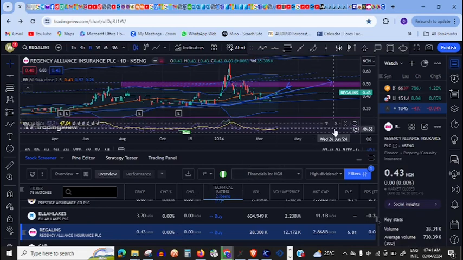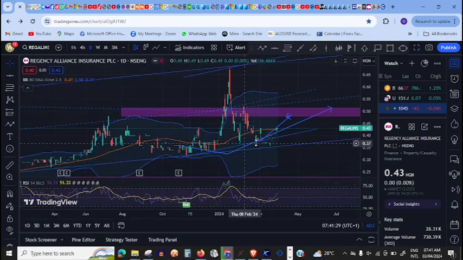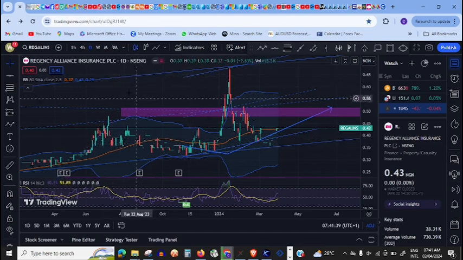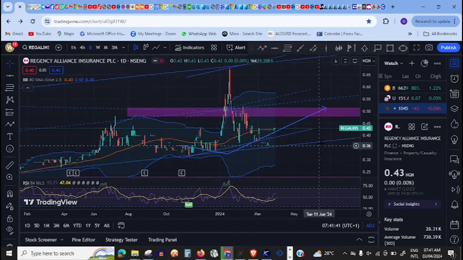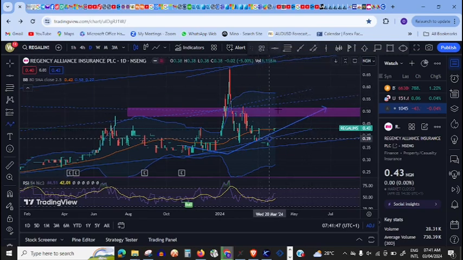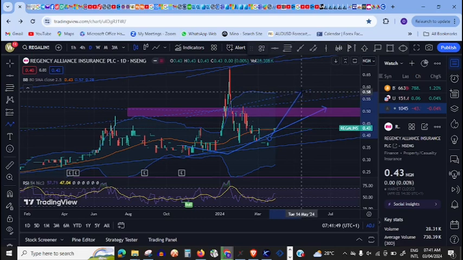Regency Alliance Insurance. So for Regency Alliance Insurance, a lot is happening around this place. So if you can get entry around 39 kobo, let's see whether the price can push to the top of the band. I'm looking at the top of the band now because the market is already overbought.